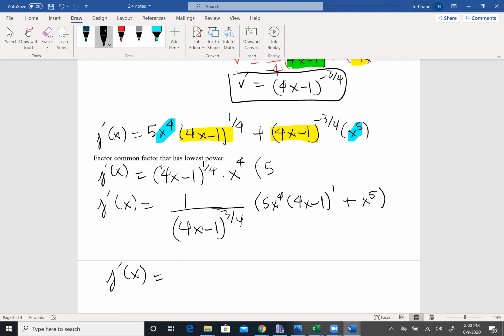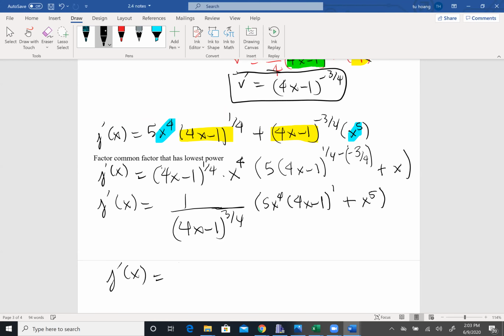Now I'm gonna have 5 times 4x minus 1 to the power 1/4 minus the negative 3/4, sorry, and plus x only.